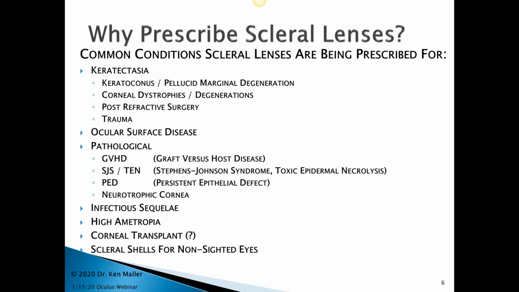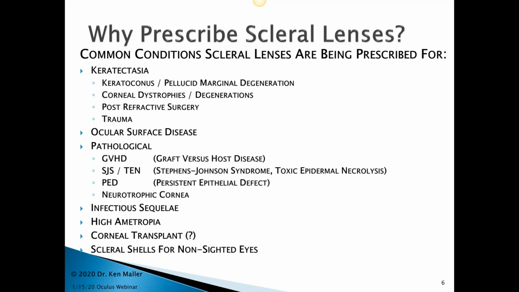On the pathological side, these certainly reign supreme. Things like graft versus host disease, Stevens-Johnson, persistent epithelial defects, and neurotrophic corneas benefit tremendously from these, and there really isn't anything else that can touch these lenses in terms of therapeutic value for these types of conditions.